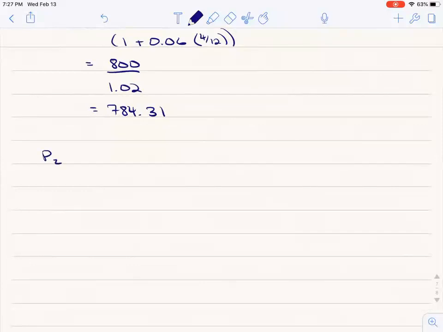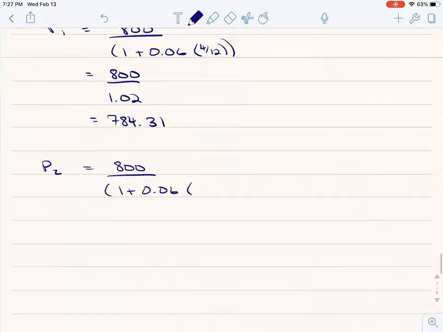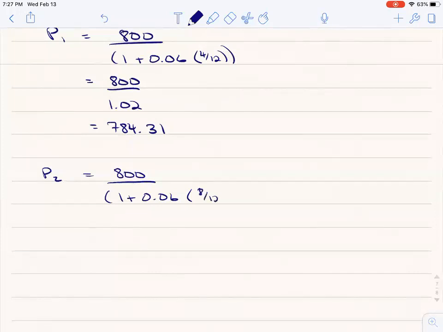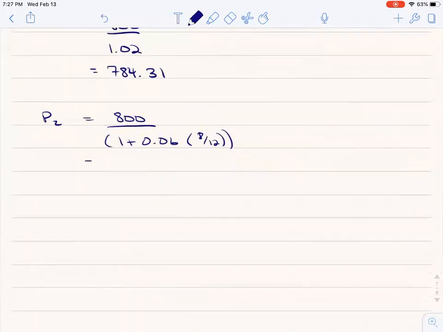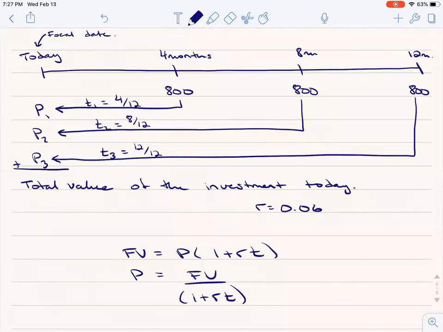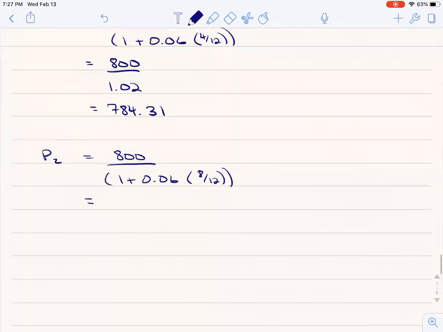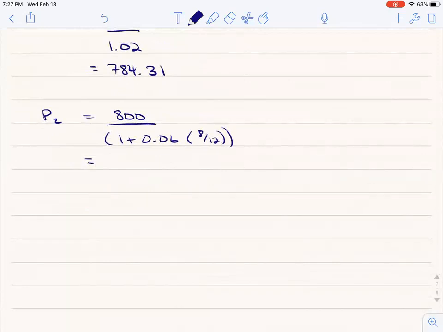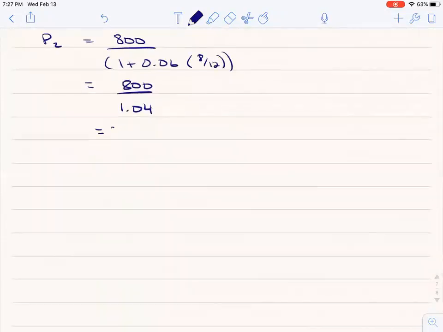Not a lot though. P2 is 800 over 1 plus 0.06 times 8/12. The only thing you need to be careful with is that you match the time with each of the P's, right? That's the only sneaky part, which is 800 over 1.04, which is 769.23.